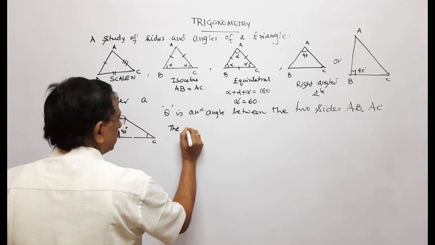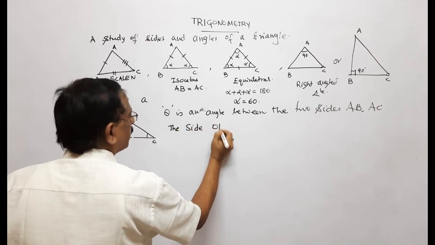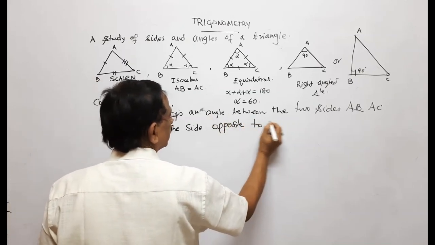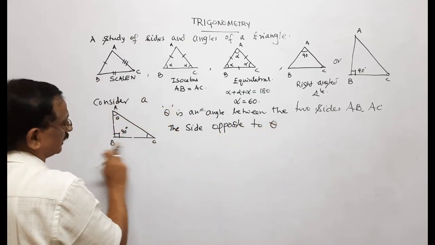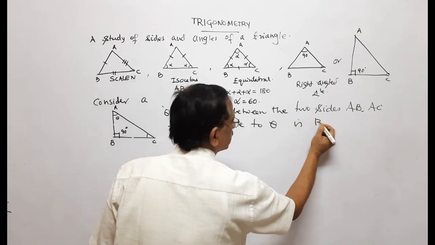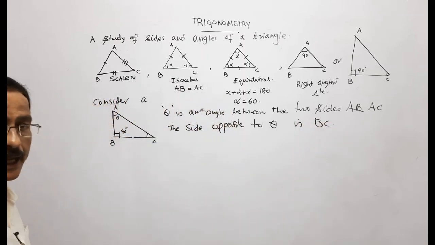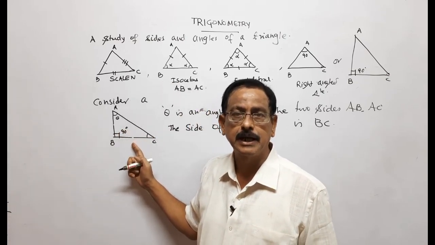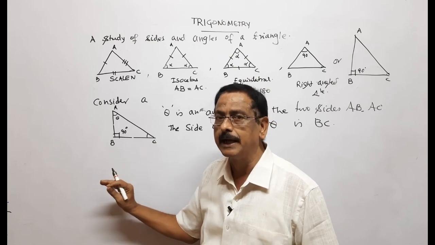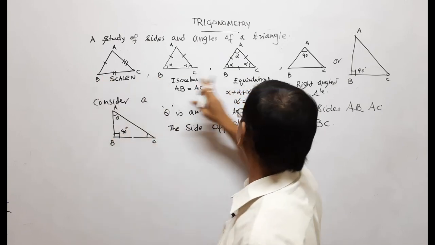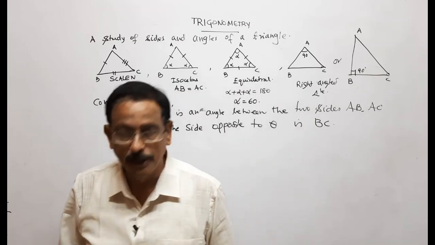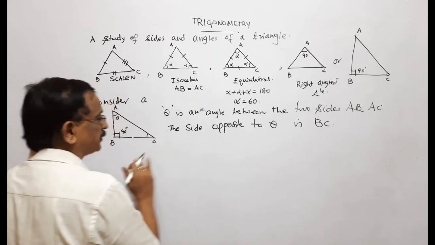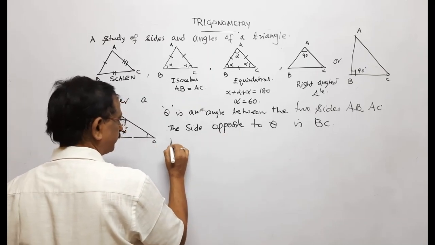The side opposite to theta, that means this angle, is BC. Again, I'm very particular about the right angled triangle. I'm only looking at the right angled triangle. I'm not talking about scalene, isosceles, equilateral. I'm not going to deal with this right now. The side opposite to theta is BC.